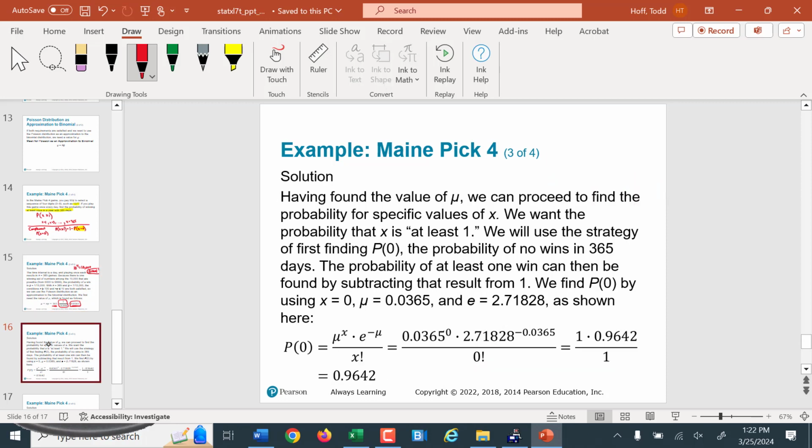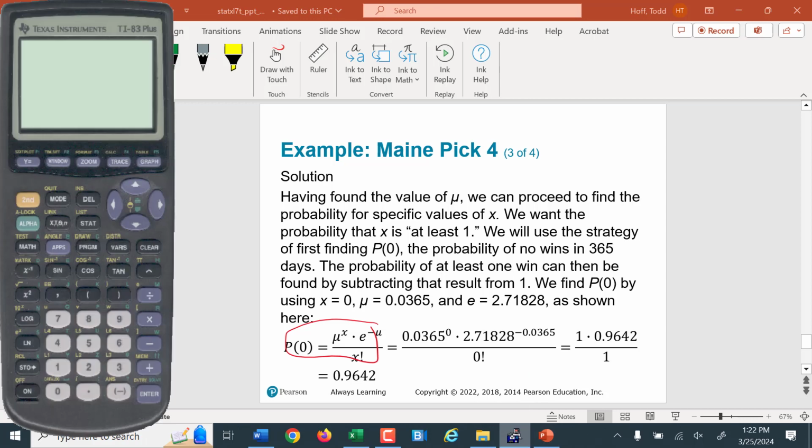So then we bring that back and we're going to plug it into the Poisson distribution formula here. Again, I'm going to punch this in the calculator along with you. So we start with that mean expected value of 0.0365 to the power of 0. Remember, we're finding the probability of not winning at all, because that's the complement of winning at least once, times, and I'm going to do second e to the x, negative 0.0365.